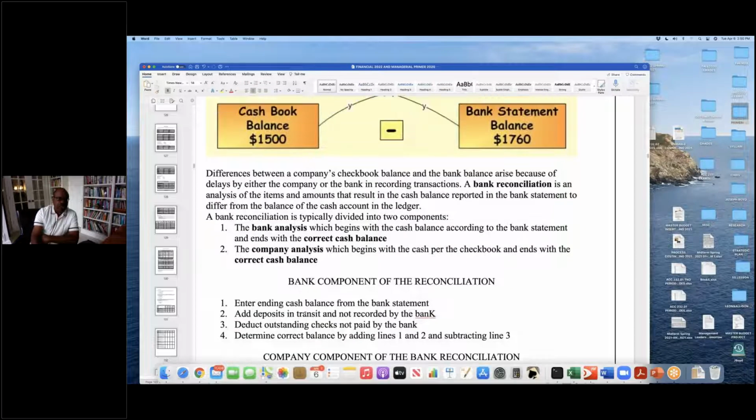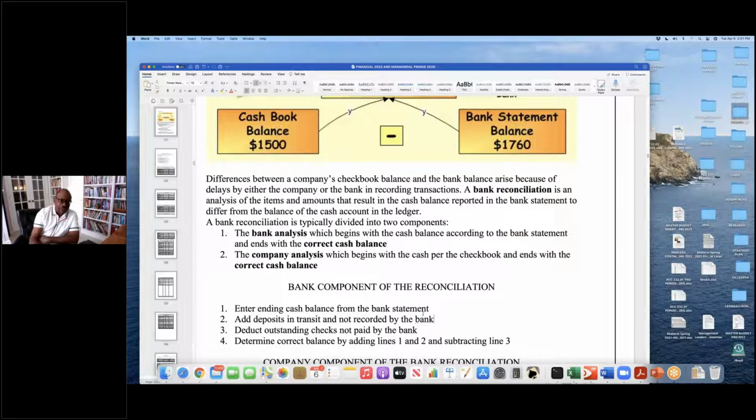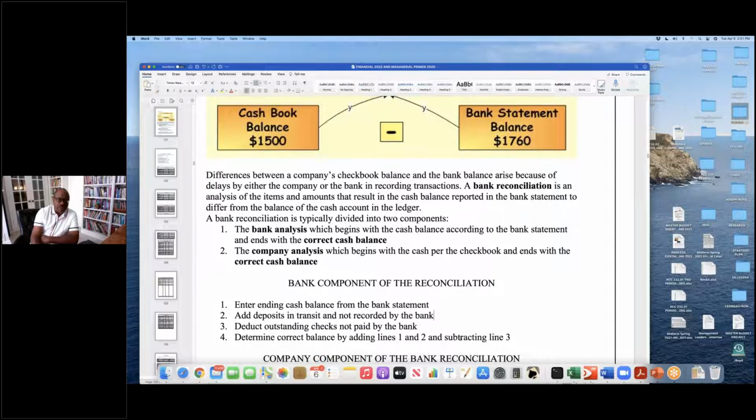When we do the bank part, we enter the bank balance from the bank statement. We add deposits in transit that the bank doesn't have. We're going to deduct checks that the bank hasn't paid. Then we're going to determine our correct balance.